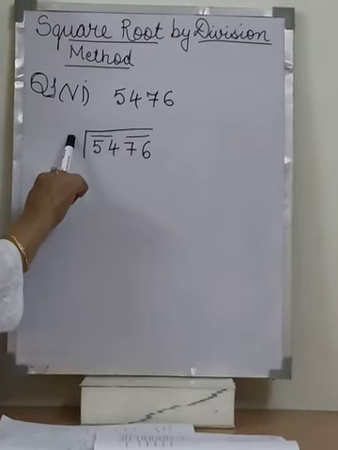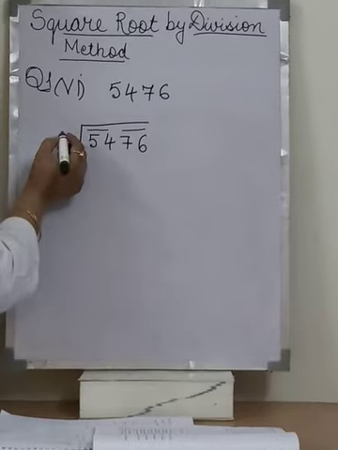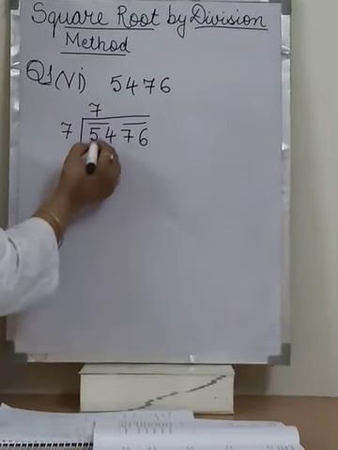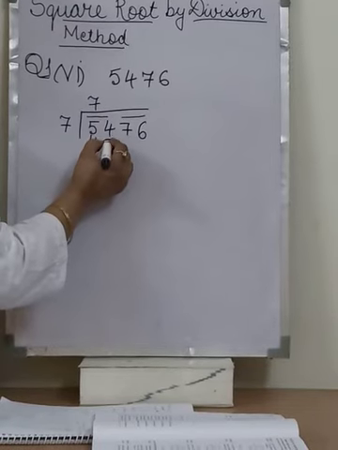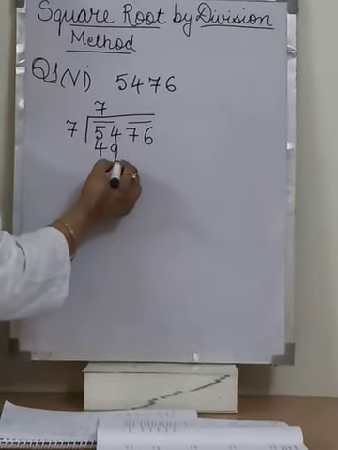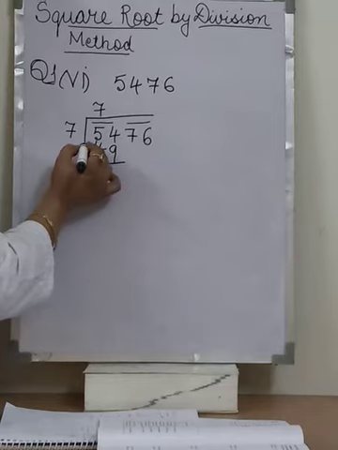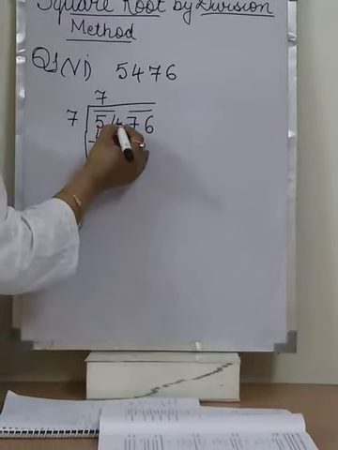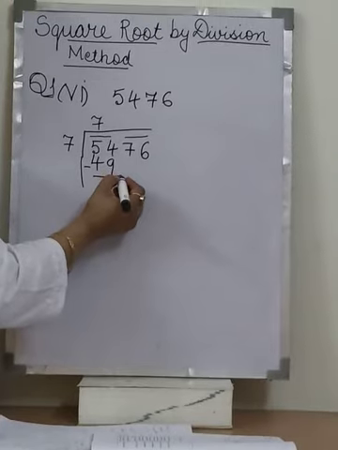What we can take is 7 7s. So I write 7 here and 7 here also. 7 7s is 49. Now we subtract it. 54 minus 49 will give you 5.